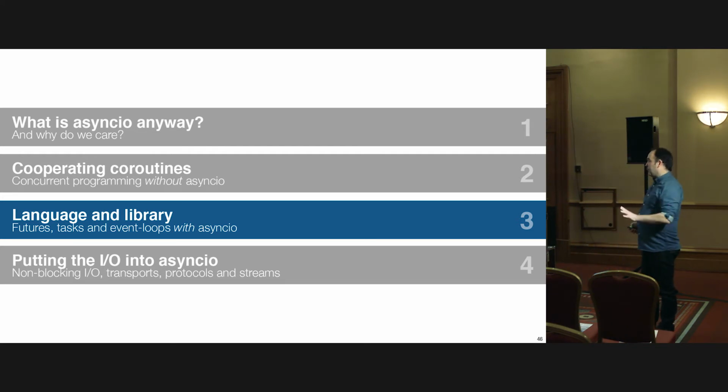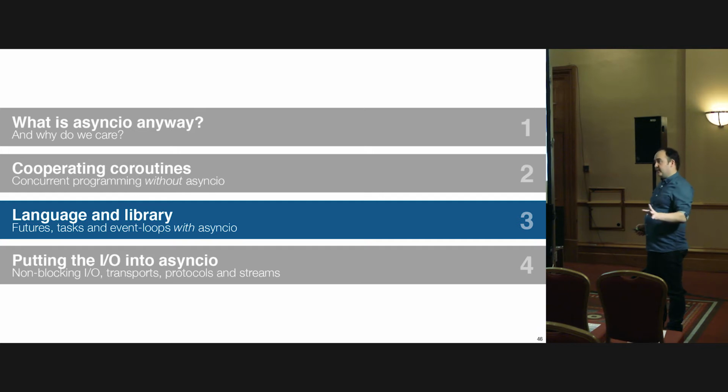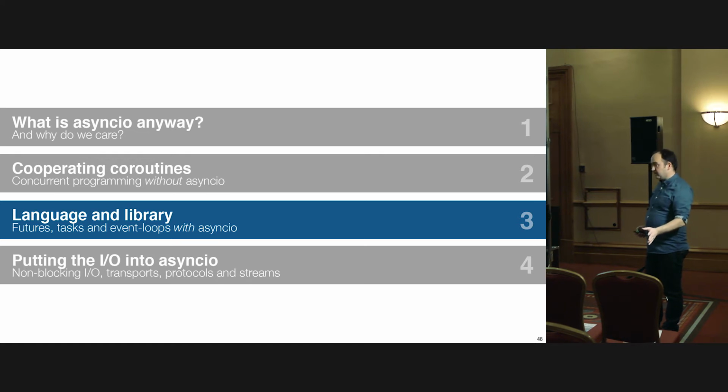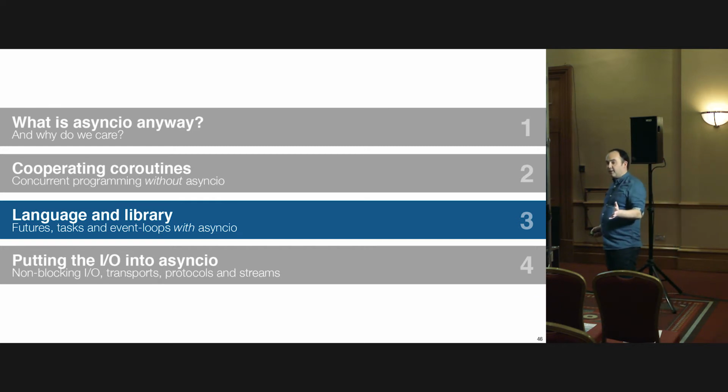Now, in the next part of the talk, I'm going to move on to the actual features that you get in Python 3.5 and 3.6, which is the most recent version. If you're doing this kind of concurrency in Python 3.4, what I've shown is pretty much how you do it. You have to use yield from to yield from the coroutines.